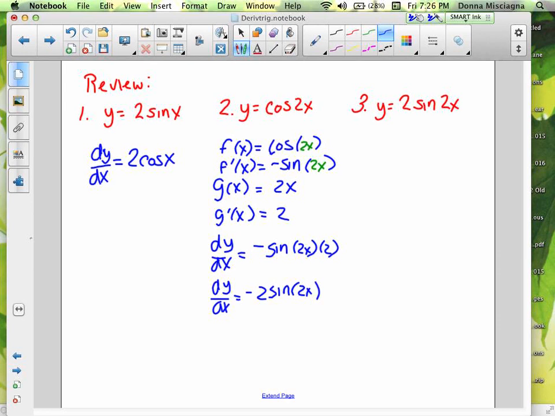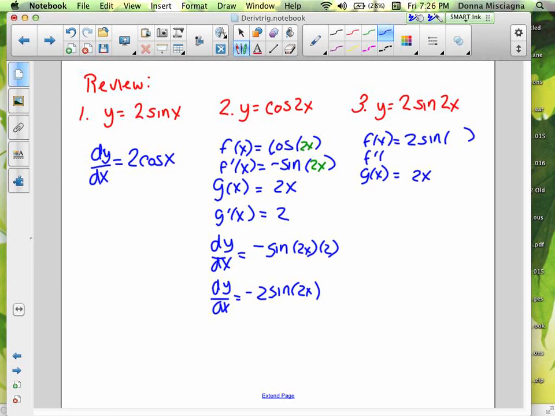The next one combines a little of both here. We have a constant multiple, and we have a chain rule. So our outside function is 2 sine blop, and the inside function is the 2x.